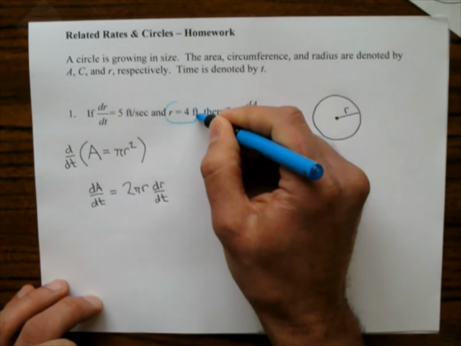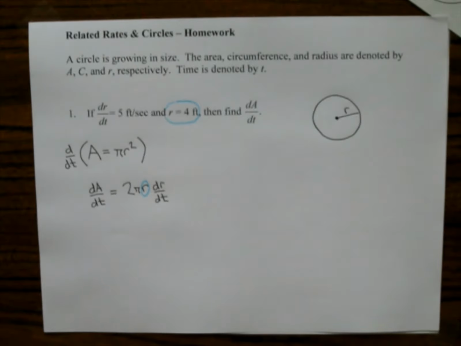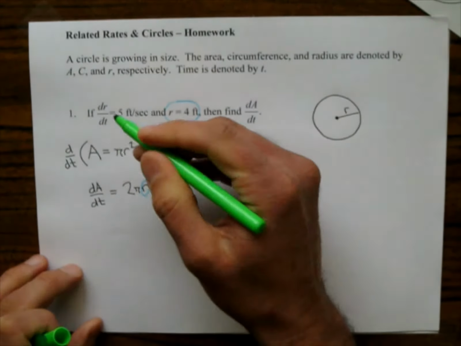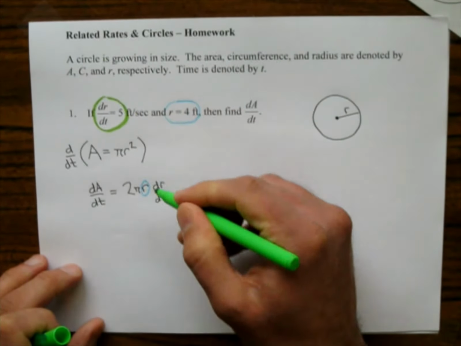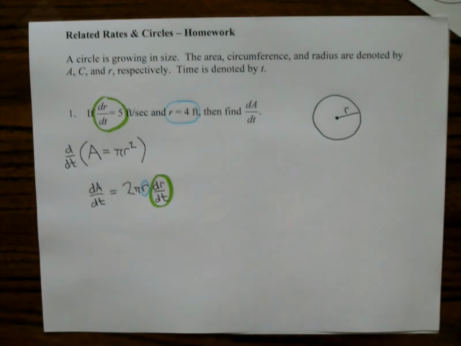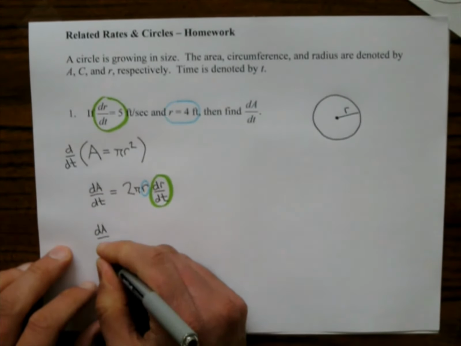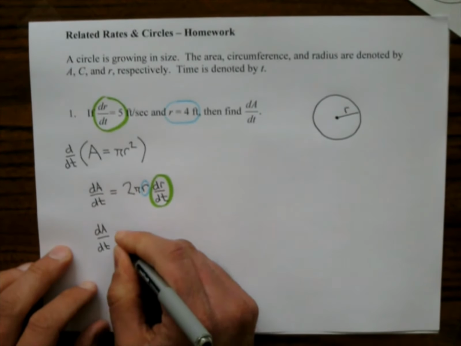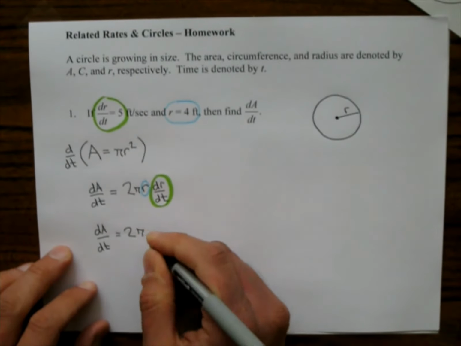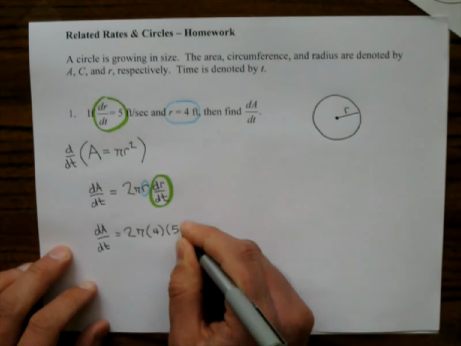R, we're going to put a 4 there. And this variable right here, dr dt, is 5. We'll put a 5 there. Let's see what it gives us. dA dt is 2 pi 4 5.